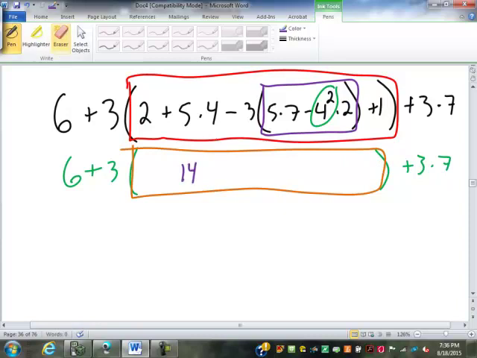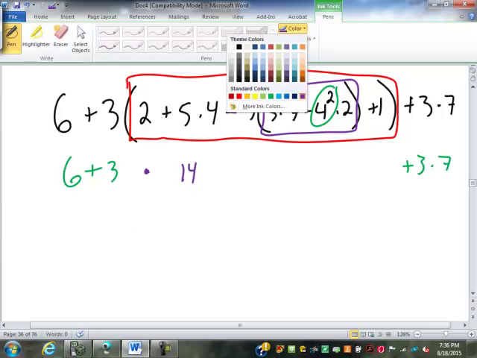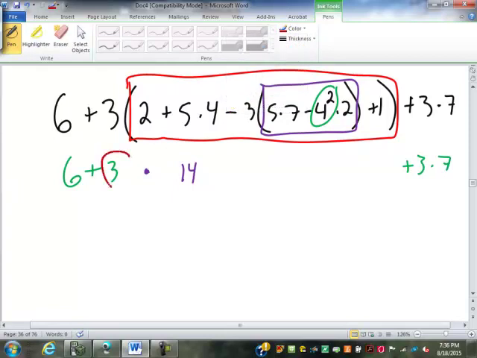Now what? Got the parentheses, and once again we have to put in multiplication. Now, what's next? 3 times 14, which is 42.